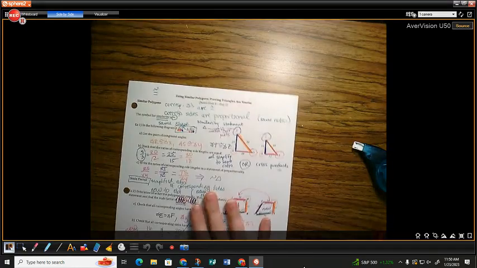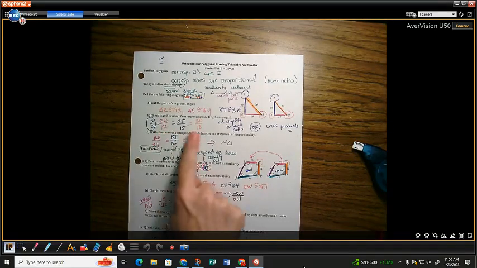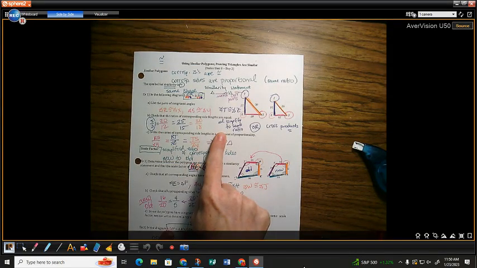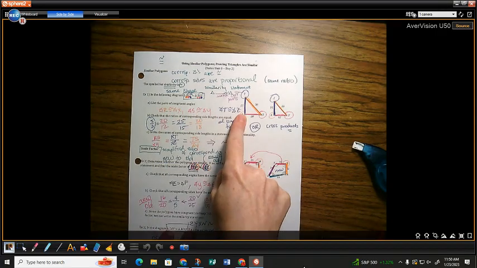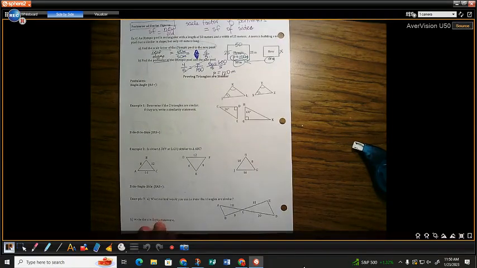Because remember, on the front here, we proved all the ratios equal, and we proved all the angles congruent. But you don't have to. So remember angle, angle, angle? That one wasn't allowed for congruence. You need to watch that one.